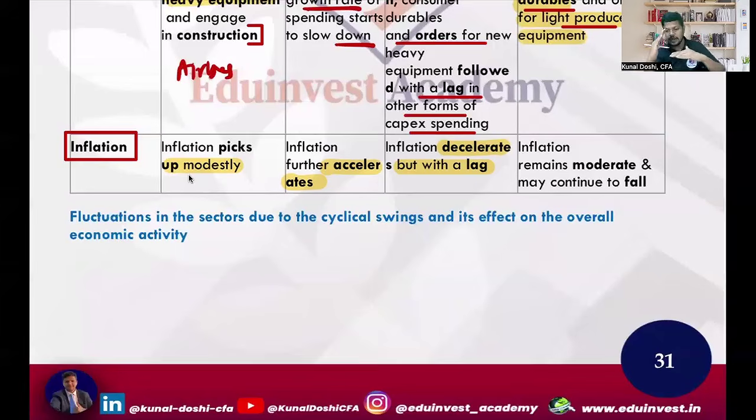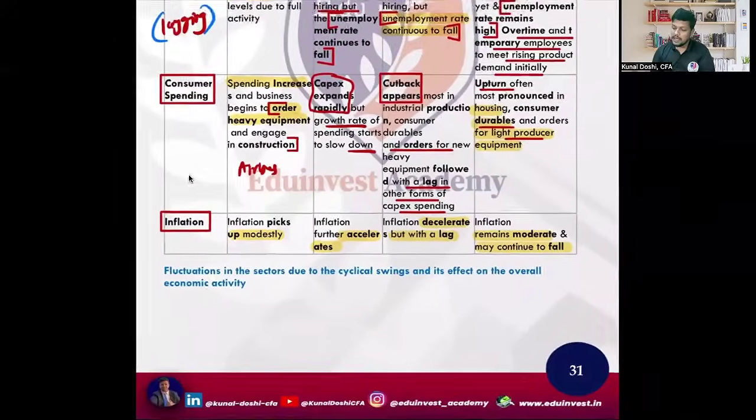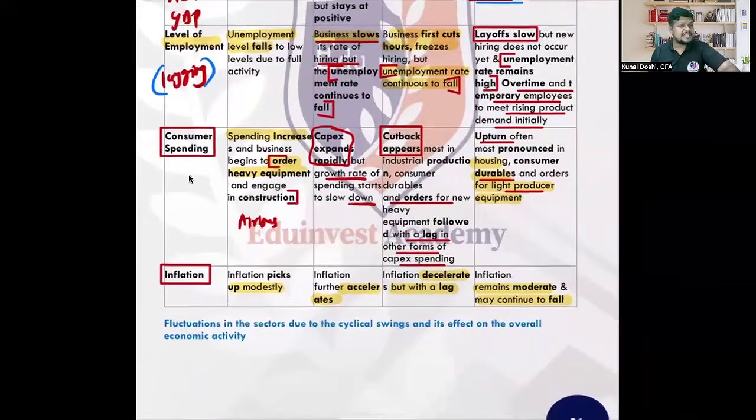The business cycle is contracting, but inflation is still relatively high. It's now starting to ease out, but it's still relatively high. And later, when the economy reaches the bottom, inflation remains moderate and might continue to fall at the deepest point. Understood?